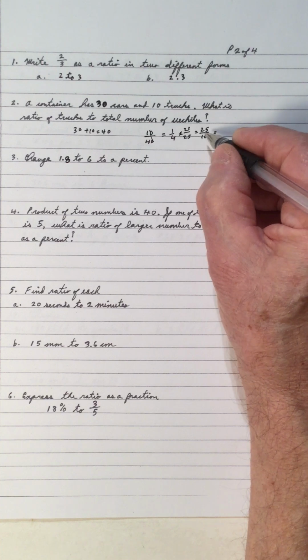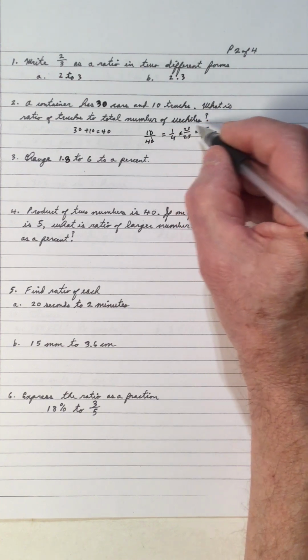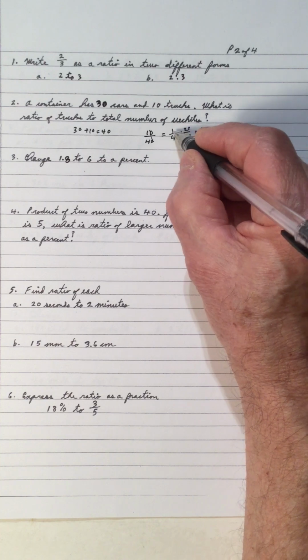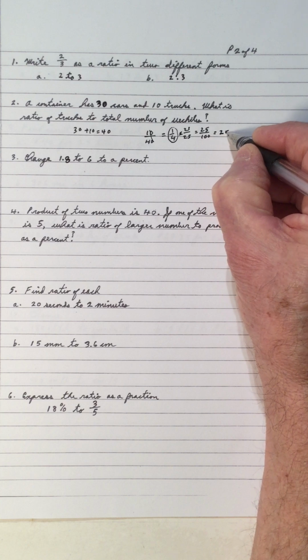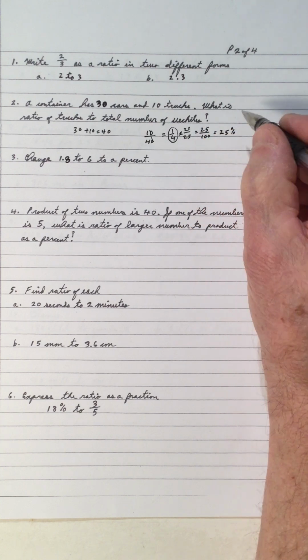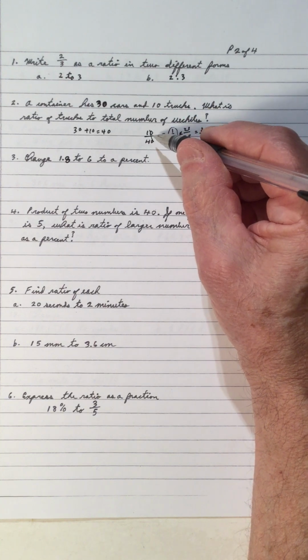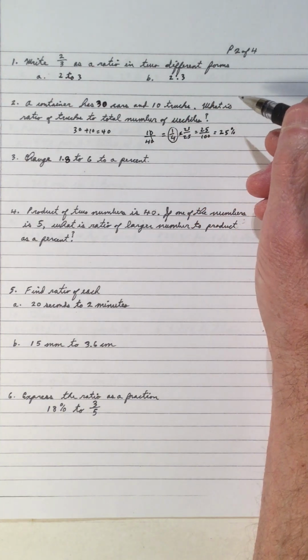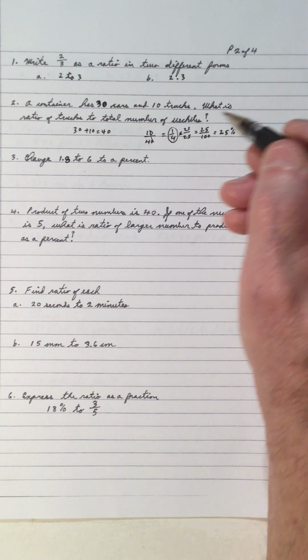But we don't need a percent, we just need the ratio, which is 1/4. That's the answer right there. I was going to change it to a percent, but I didn't have to. So the answer, what's the ratio? It's 1:4 reduced.